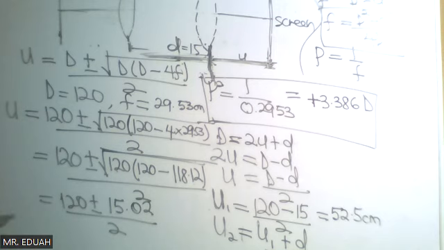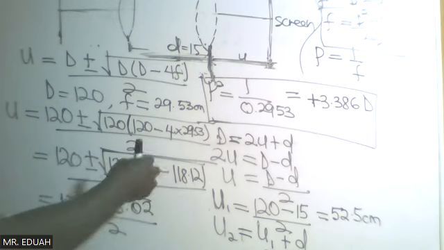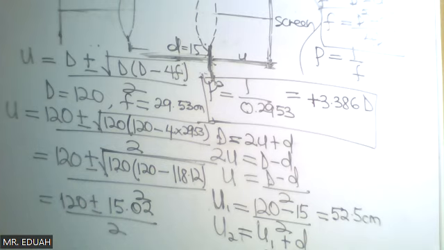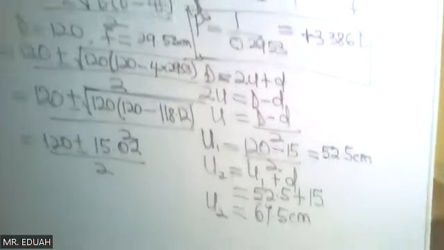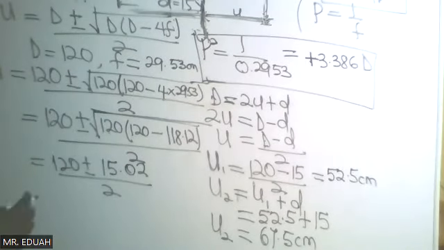Let's confirm. Subtract this from 120, whatever you get, multiply by 120 and take the square root of your result. Then when you finish, u is this plus that.